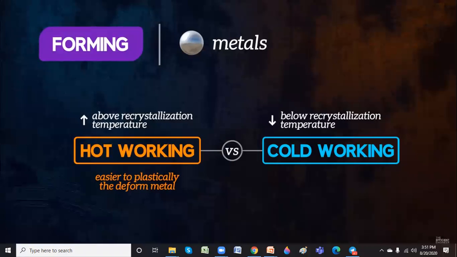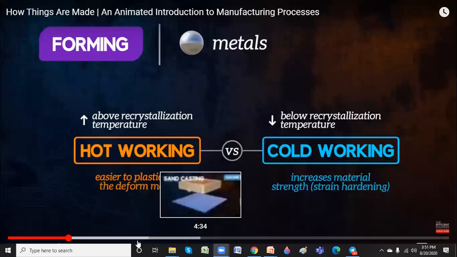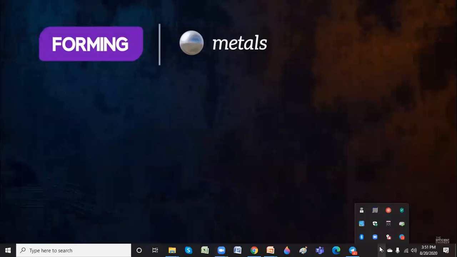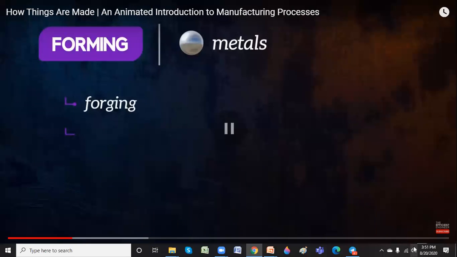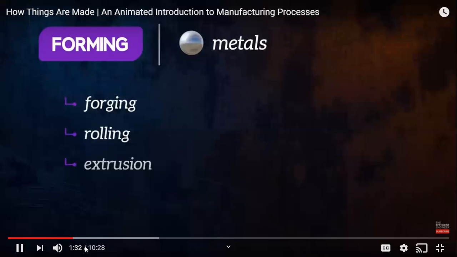But cold working causes strain hardening, which increases the strength of the material. 3 common forming processes are forging, rolling, and extrusion.